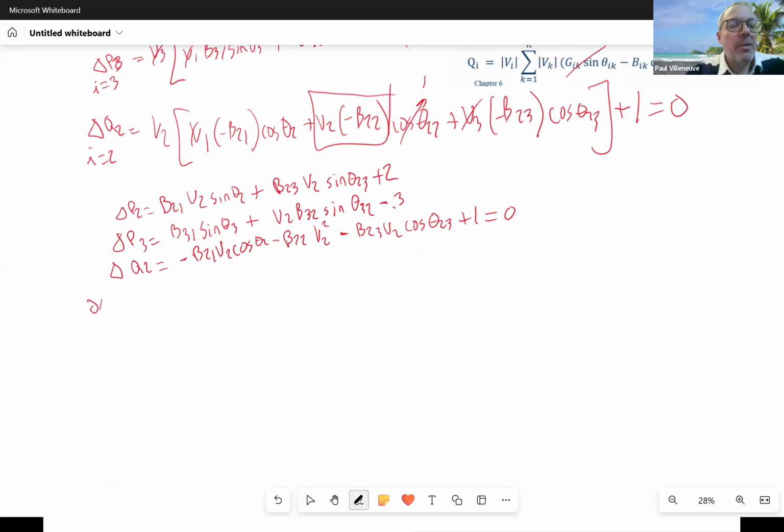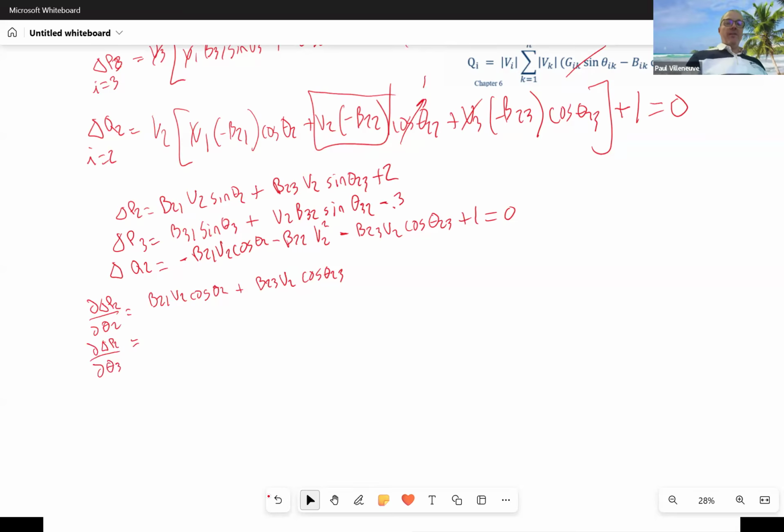The first one is the partial of delta P2 with respect to theta 2. That becomes V21 V2 cosine of theta 2 plus V23 V2 cosine of theta 2, 3, and that's it, right? There is no theta 2 associated with the 2, so there's no partial derivative. The result is 0. I do the same thing for P2 with respect to theta 3.